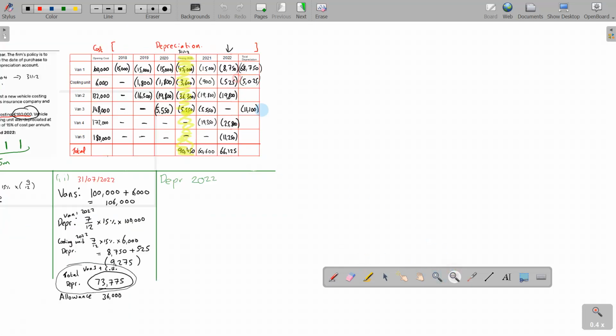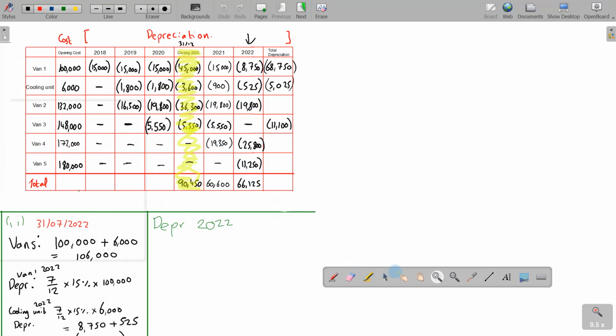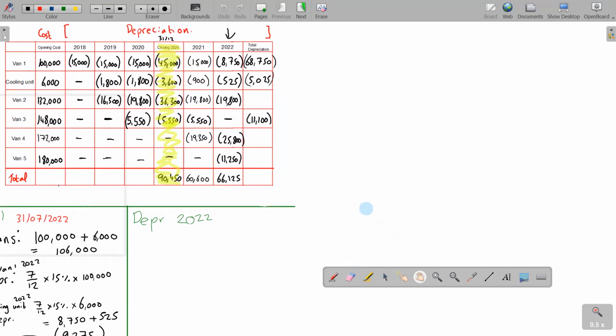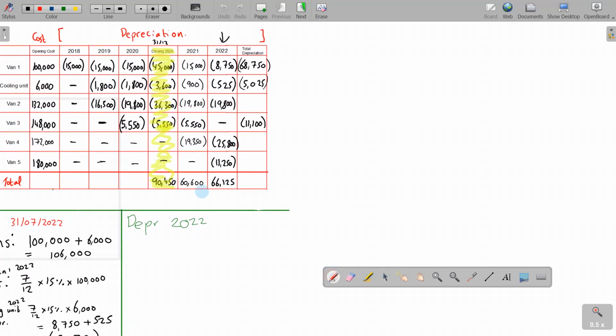We might need a bit more space, so we'll put it right in the corner, try and get as much space as we can. So we need to do our Vans account.